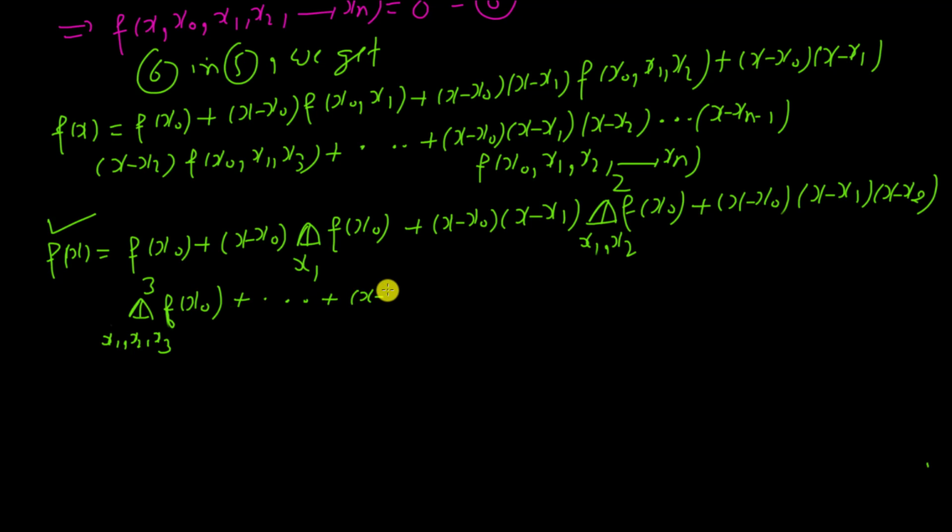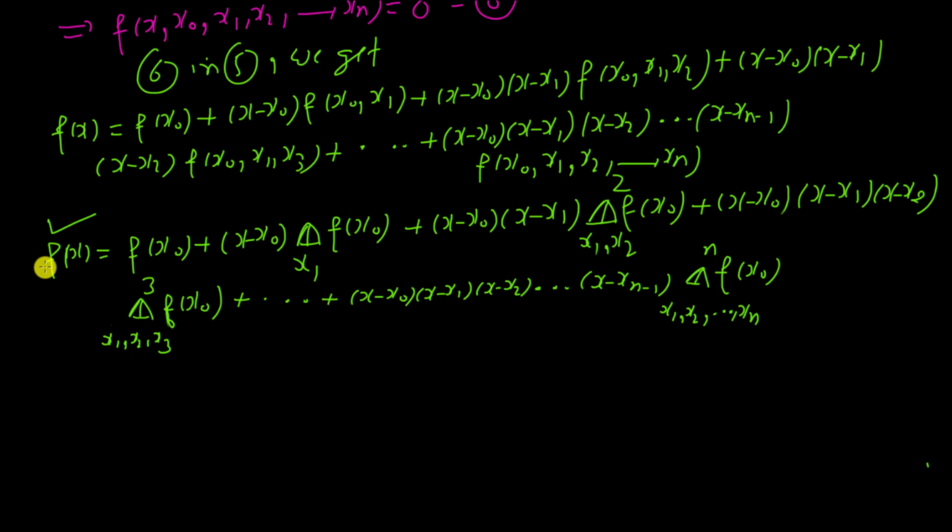The last term will be x minus x naught, x minus x1, x minus x2 up to x minus xn minus 1, times the nth order divided difference with arguments x1, x2 up to xn. So this is the required formula that we need to prove.